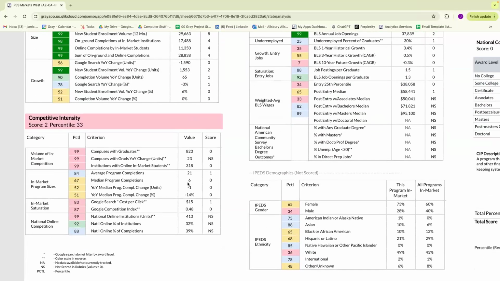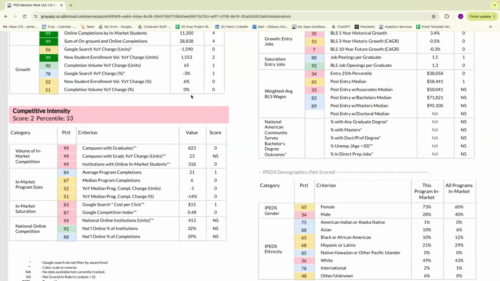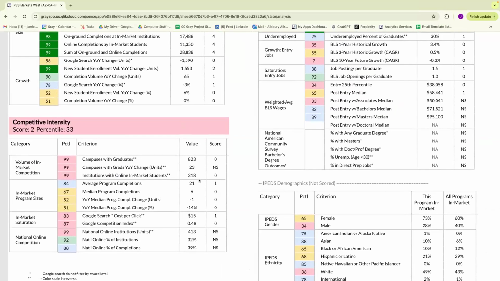And then looking at the completions, and again, this is interesting, looking at the median completion size, especially with the number of completions that it reports. But it is across the nation, so it is a very competitive program with over 800 institutions offering this program.